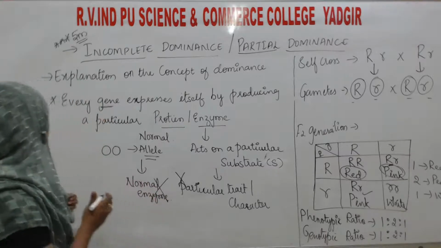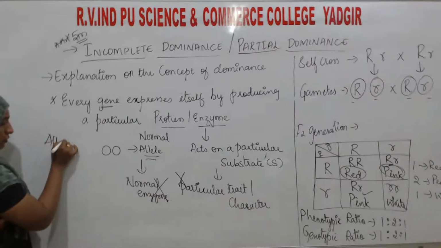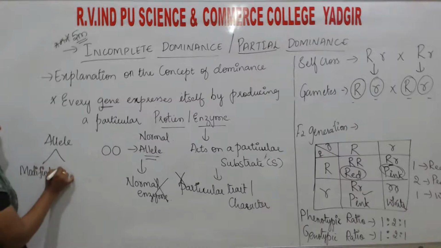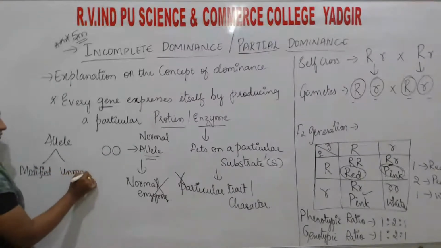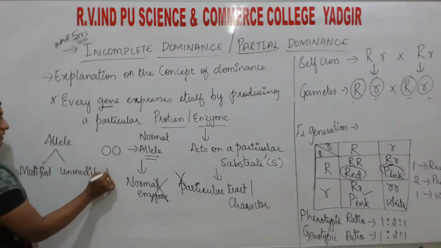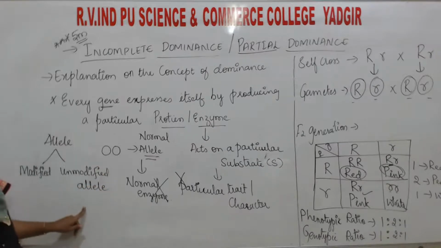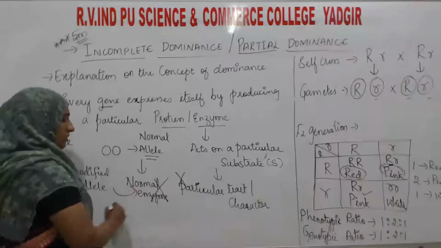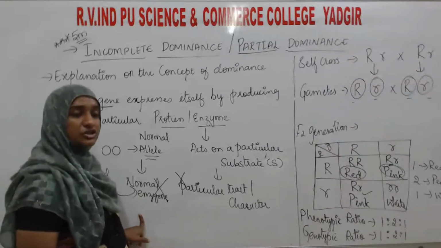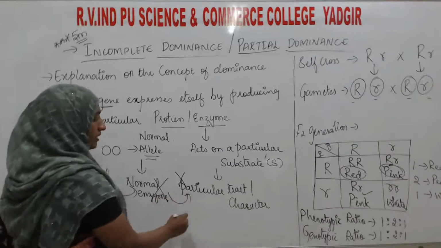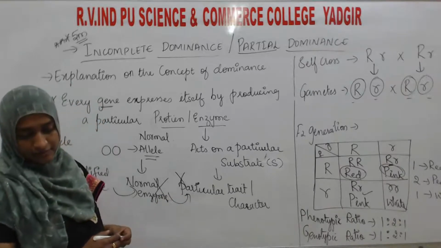Okay, so the next thing: alleles are of two types. One is the modified allele and another is the unmodified allele. The modified allele will not produce the normal enzyme. If there is no production or no expression of a normal enzyme, then there will be no particular trait or character.